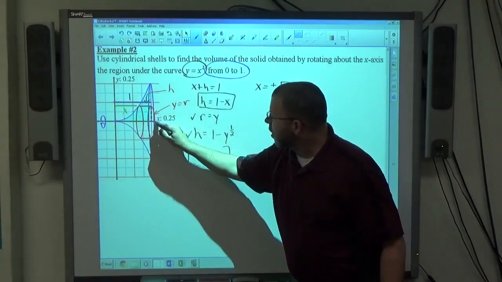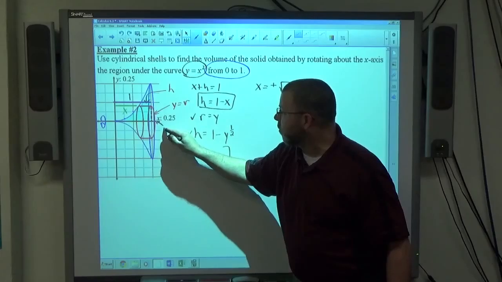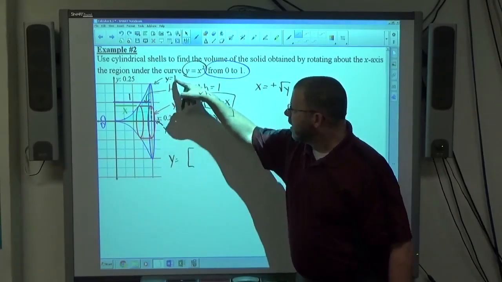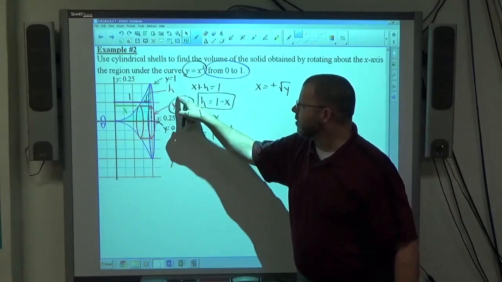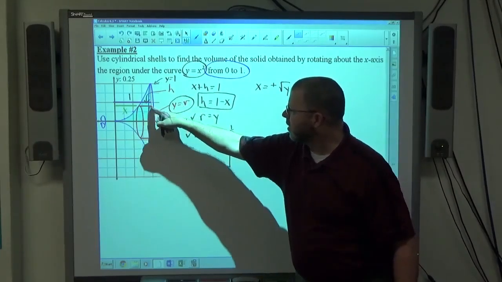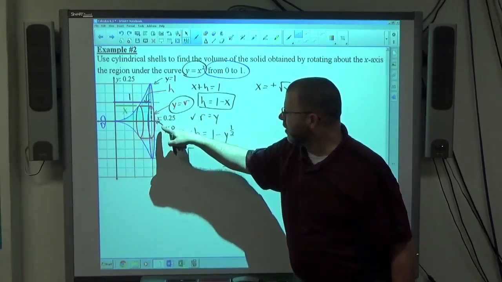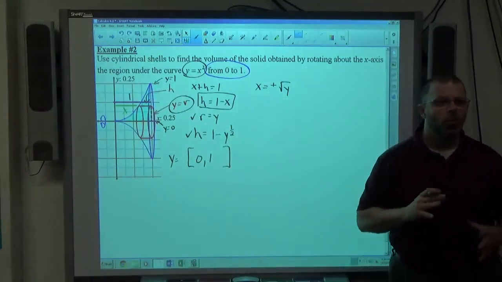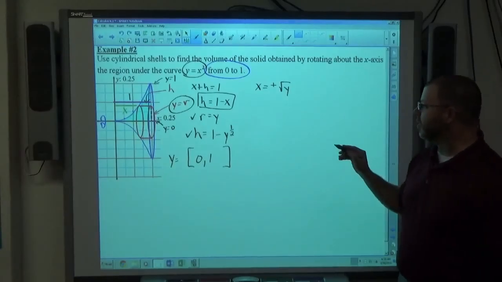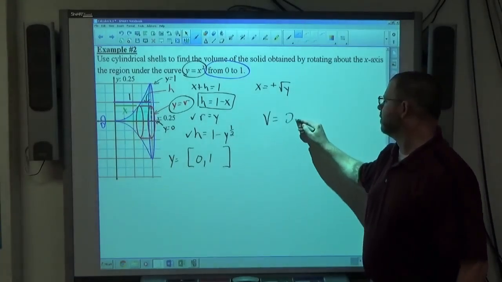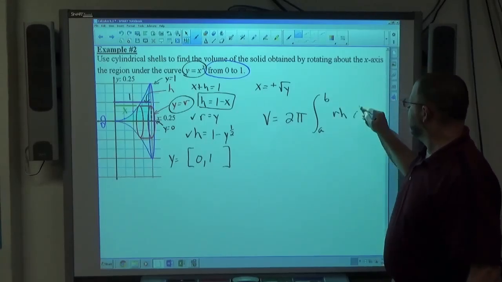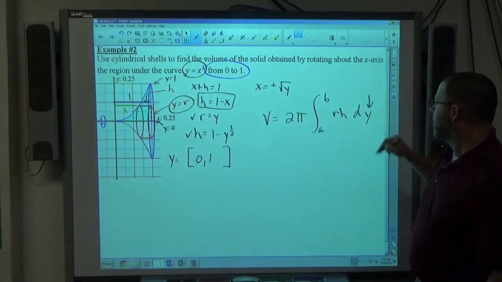So the cylinders start at y equals 0, and they end at y equals 1. Again, the interval is all about the radius. The radius is vertical, so vertically it starts at 0, ends at 1. There's our interval. Once you have all that information, the formula always is the same. Volume is equal to 2 pi integral from a to b of r times h dy, in this case y.